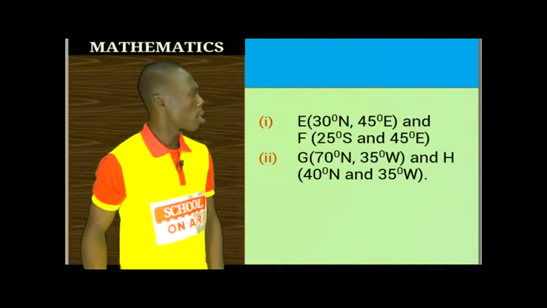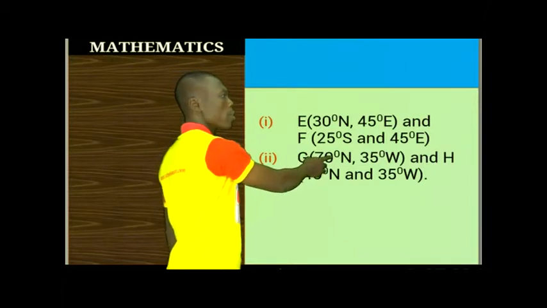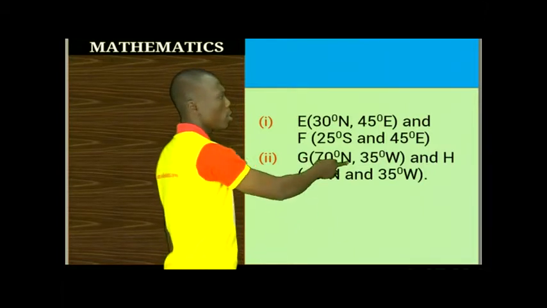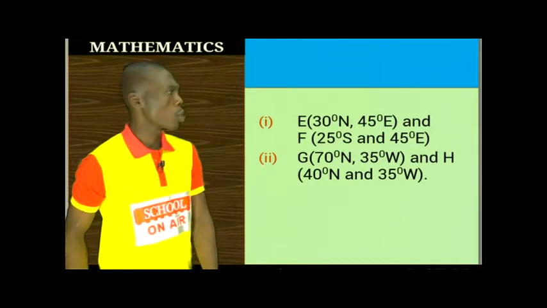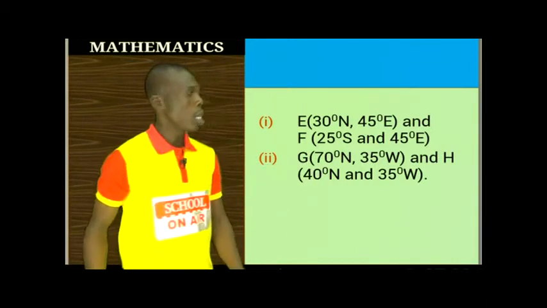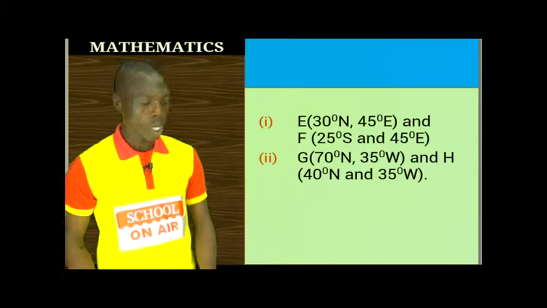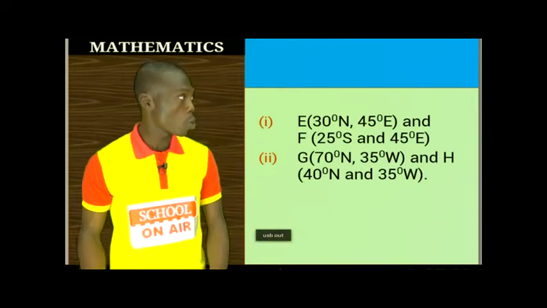The second problem is to find the angular distance between two positions, G at 70 degrees north latitude and 35 degrees west longitude, and H at 40 degrees north latitude and 35 degrees west of the Greenwich meridian. We have to find the angular distances between those pairs of points.